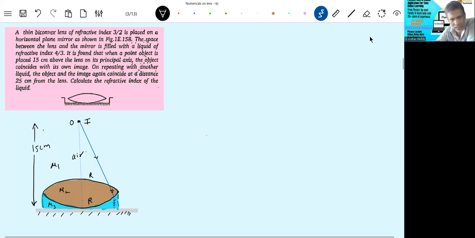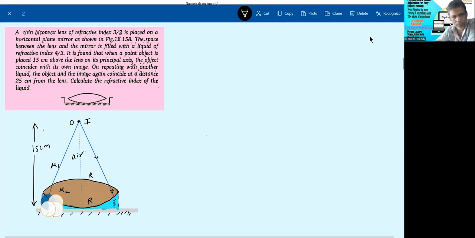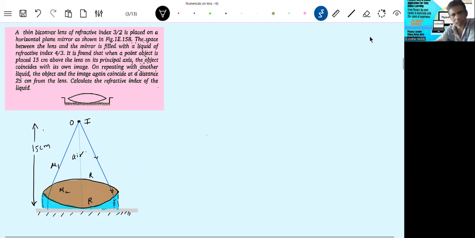After refraction here, it should be incident normally so that it will retrace its path. I'll write mu3 here. It will be incident normally on the mirror and retrace its path.